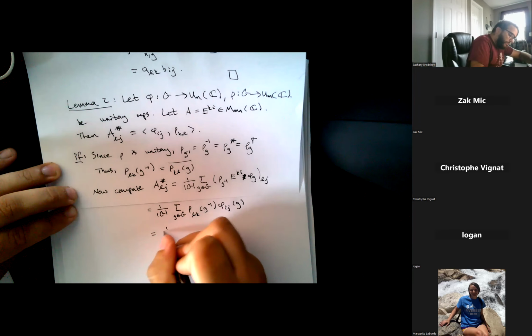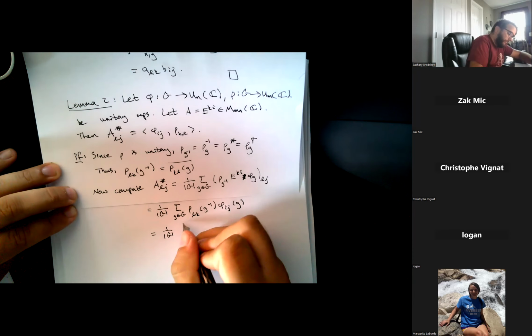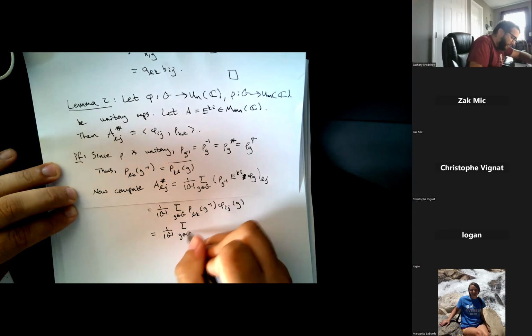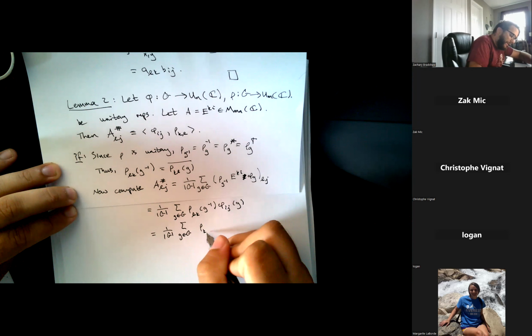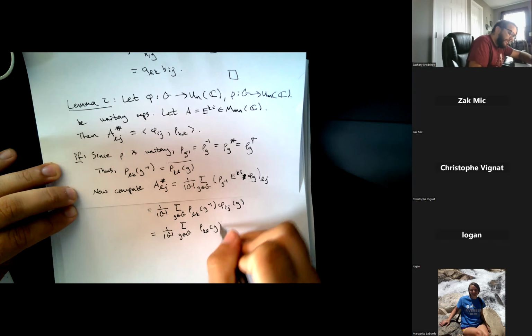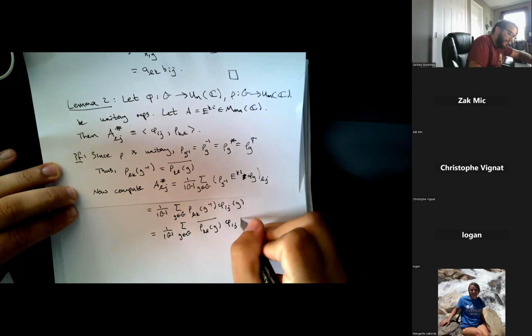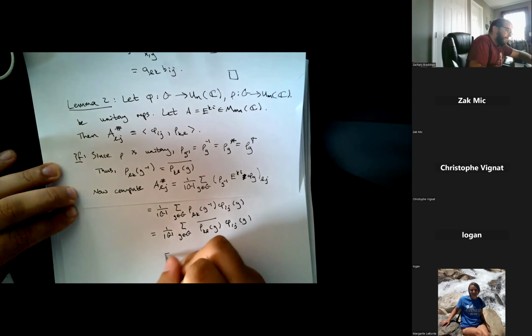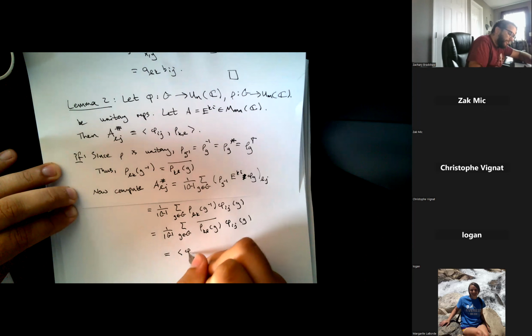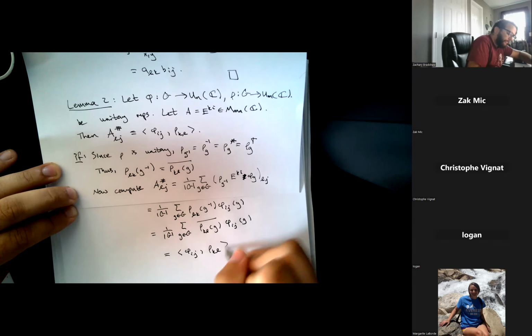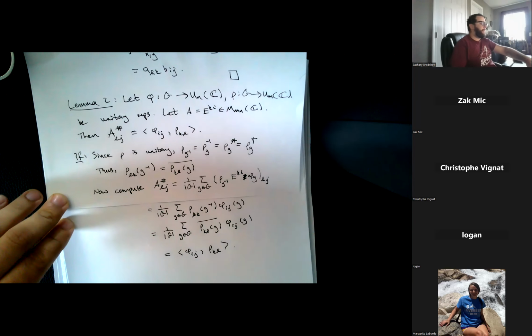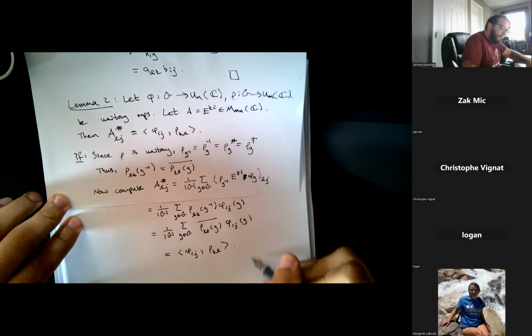And this is equal to 1 over the order of G times the sum over g in G of rho_KL of g complex conjugate times phi_ij of g, which is just the definition of the inner product between phi_ij and rho_kl. And that completes the proof.